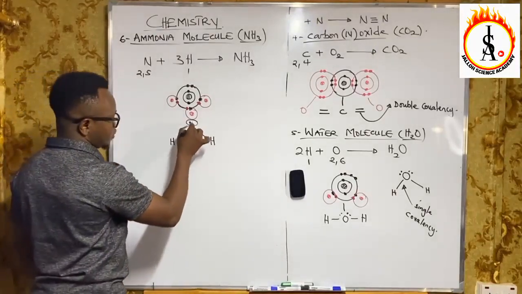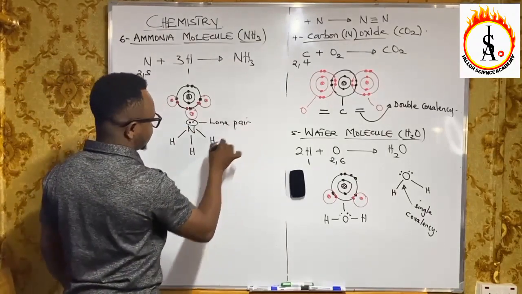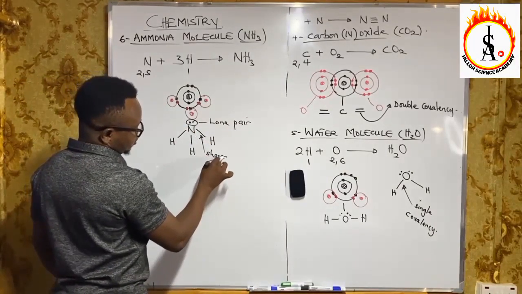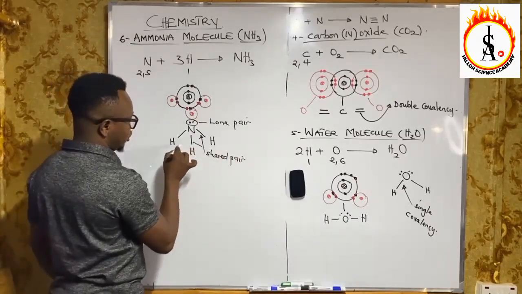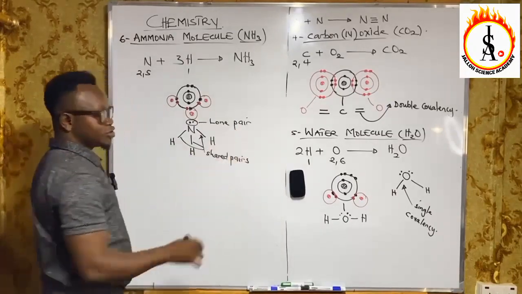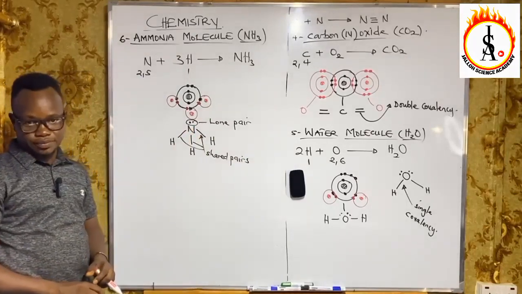So this is a lone pair, and this is a shared pair. Similarly, this is a shared pair, and this one also a shared pair. So we call them shared pairs. So you have a lone pair and 3 shared pairs.